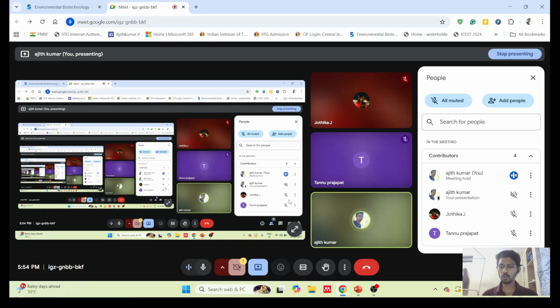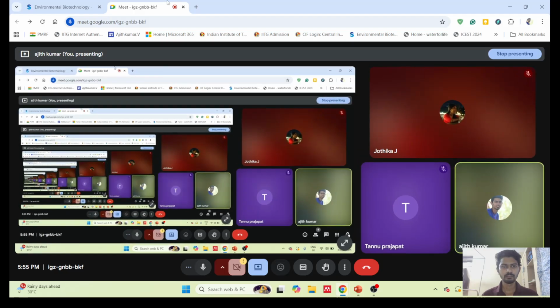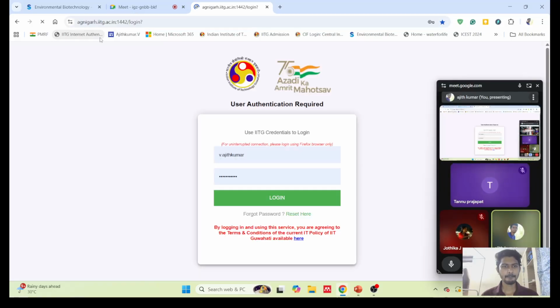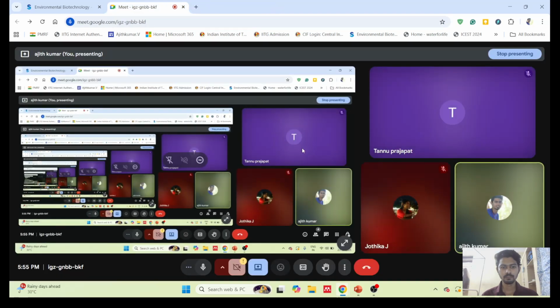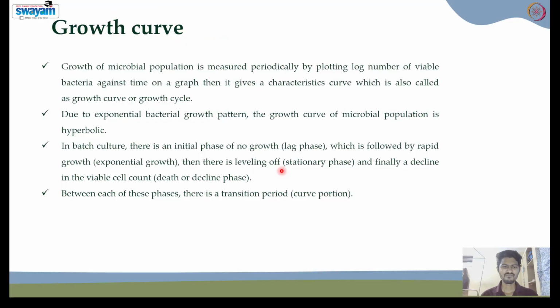If not, we can move on to the next topic. I hope no one has doubts. We will move on to the next concept, which is the growth curve.